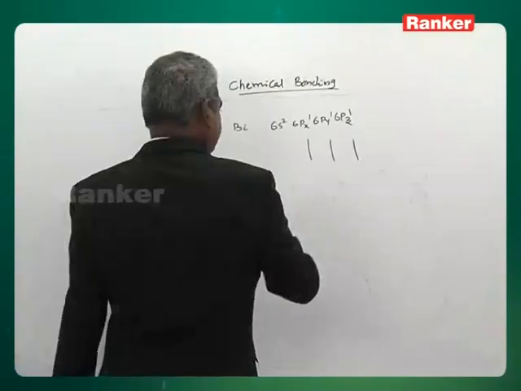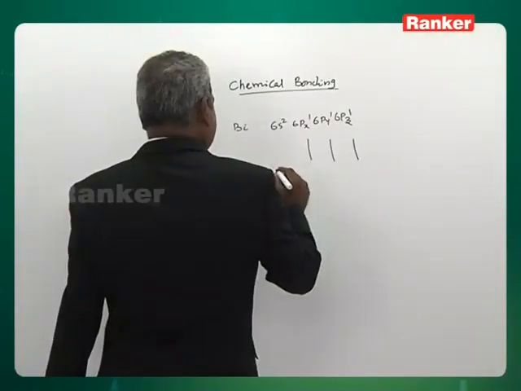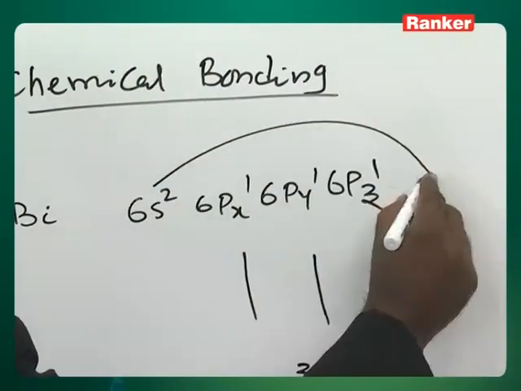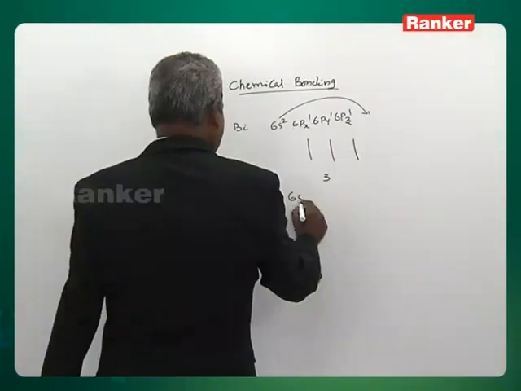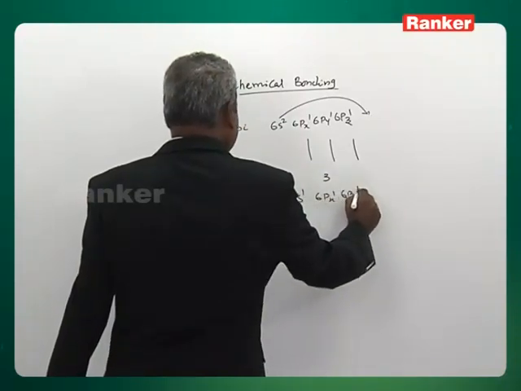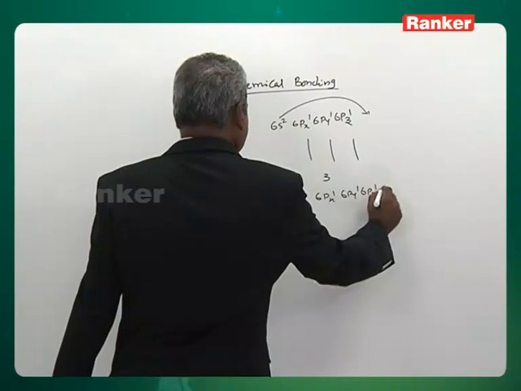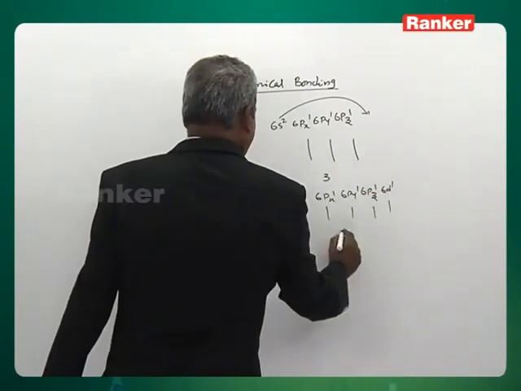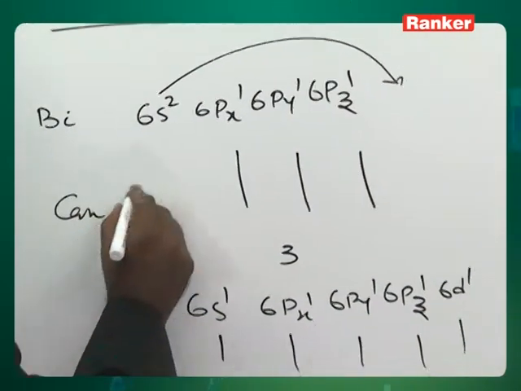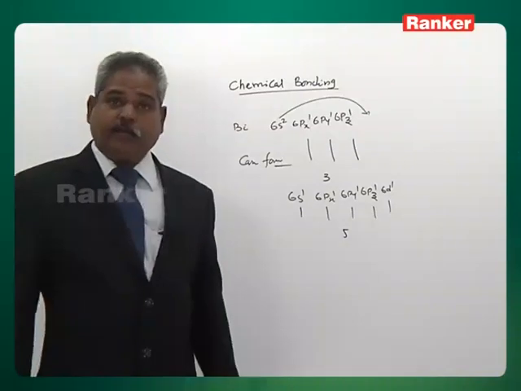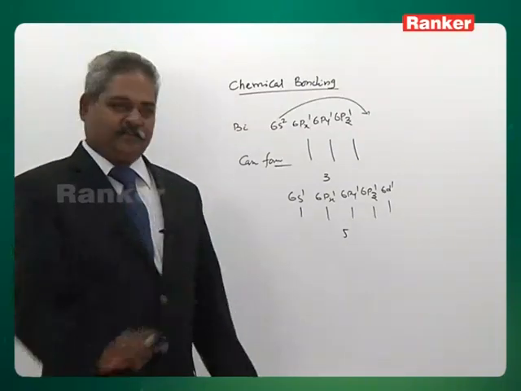It can share, and in its excited state, suppose the electrons are excited, 6s1, 6px1, 6py1, 6pz1, 6d1. Bismuth can form 5 bonds also. I repeat, it can form 5 bonds also if necessary.